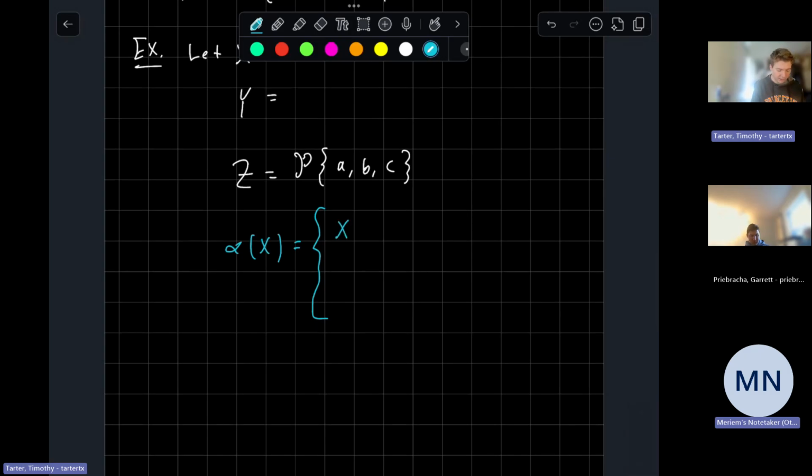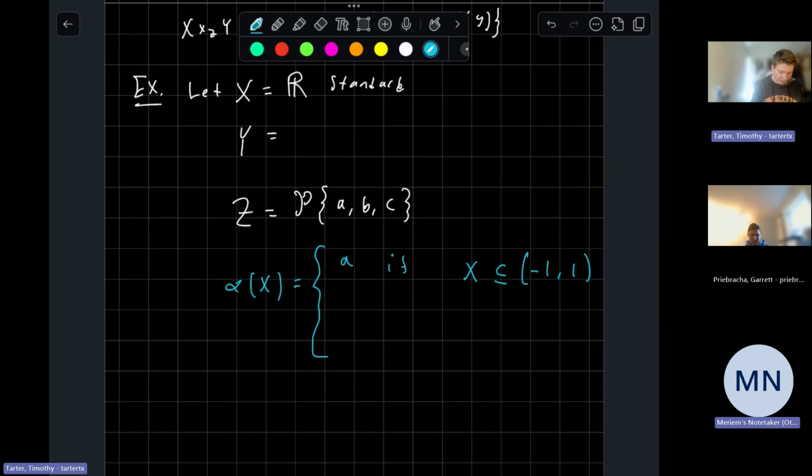So if x is an open interval contained in, we'll say, maybe like -1 to 1, and I'm realizing I'm writing the piecewise function wrong, then we're going to send it to A. And then we're going to send it to B if x is in the interval from 1 inclusive to infinity exclusive.